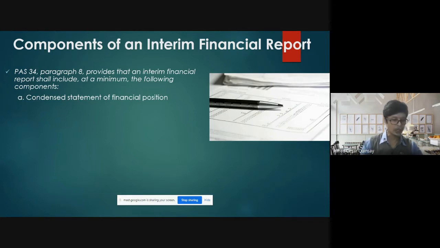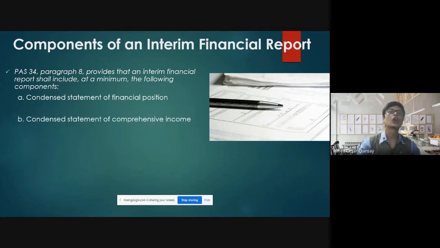So that is what condensed means, no? Yung headings and subtotals na nakapresent sa most recent annual financial statement, pero hindi naman kailangan in greater detail.